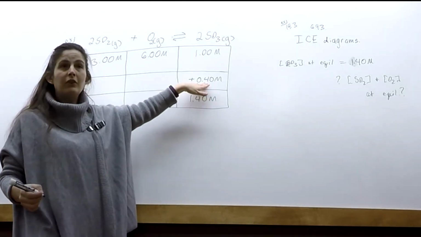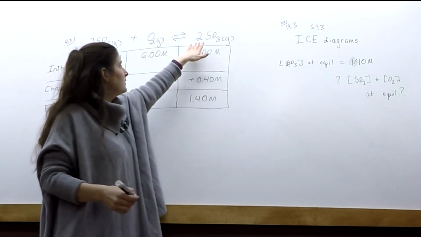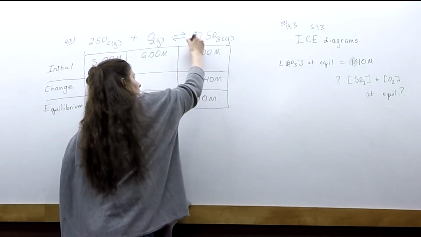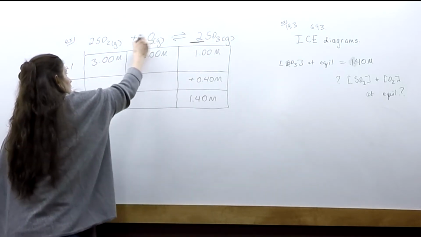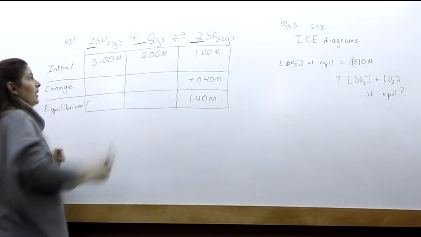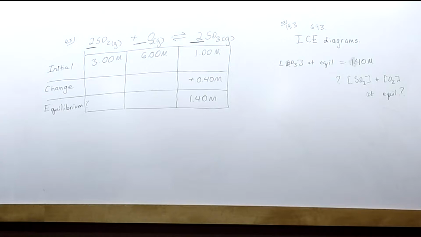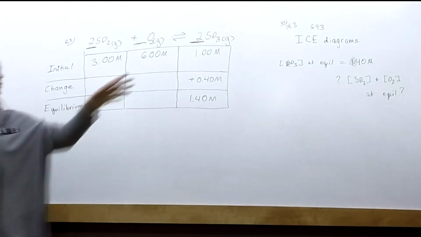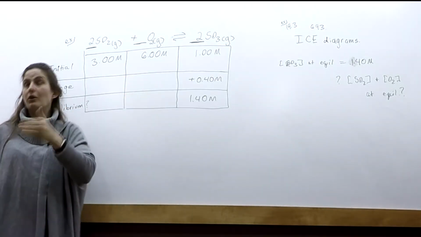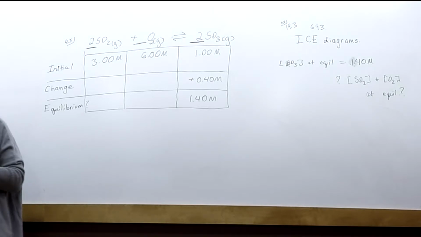Another thing we have to take into account is the coefficients in front. What they stand for is how much of that molecule you needed to run this reaction. So when we are talking about concentrations, we also have to take those coefficients into account.